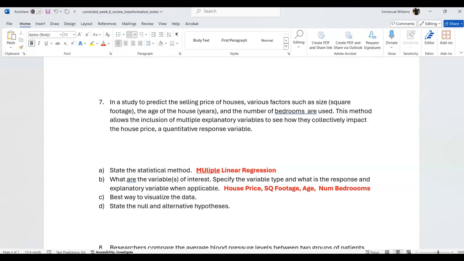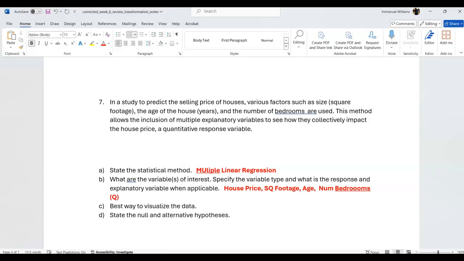All right, so this is Q. All these are Q. Everything's Q. It's quantitative. This is quantitative. This is quantitative. And finally, this is quantitative.